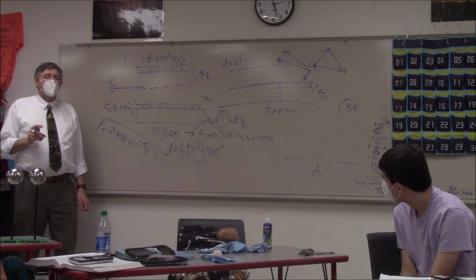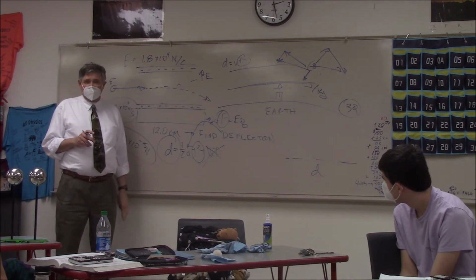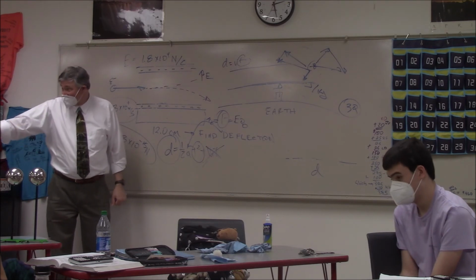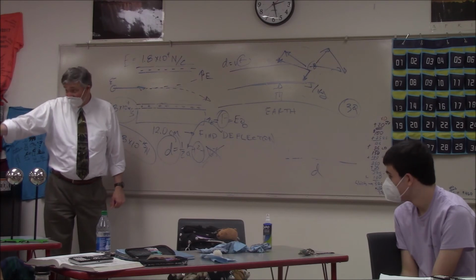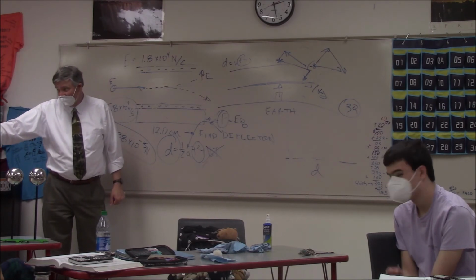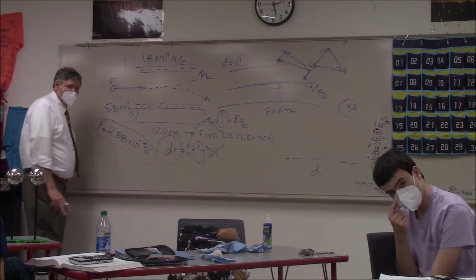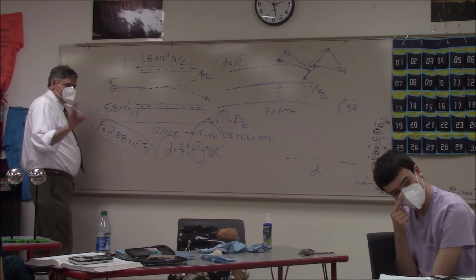No. Would it be deflected more or less? Less. Why? Because F equals ma. It has more mass, with the same force, therefore it's going to have a smaller acceleration. Because F equals ma, it's the answer to everything.